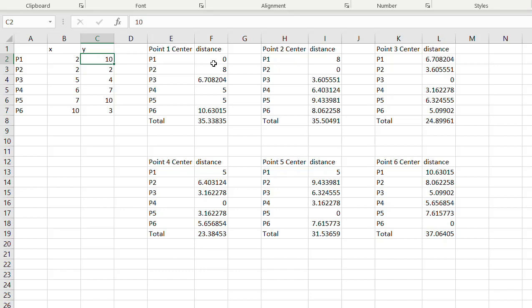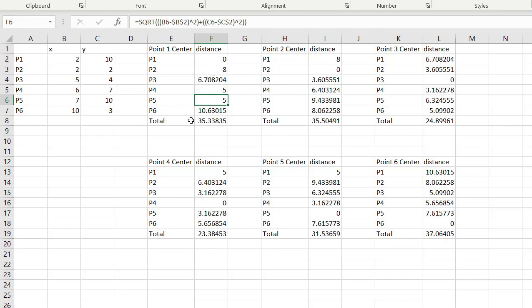The Euclidean distance formula that we've talked about before. This cell right here is that Euclidean distance formula calculating the distance between, in this case, point 1 and itself, because this block here is considering point 1 to be the center. So this cell here would be the distance between point 2 and point 1. This would be point 5 and point 1, and so on for this block.